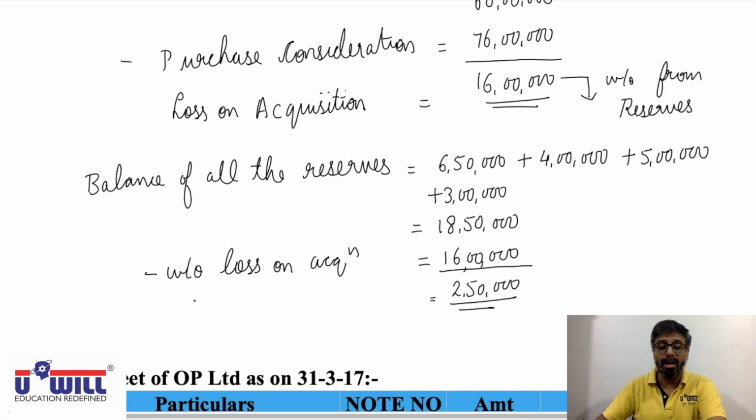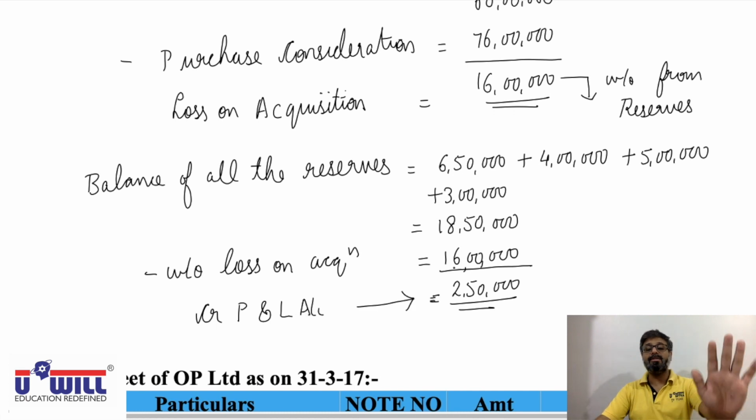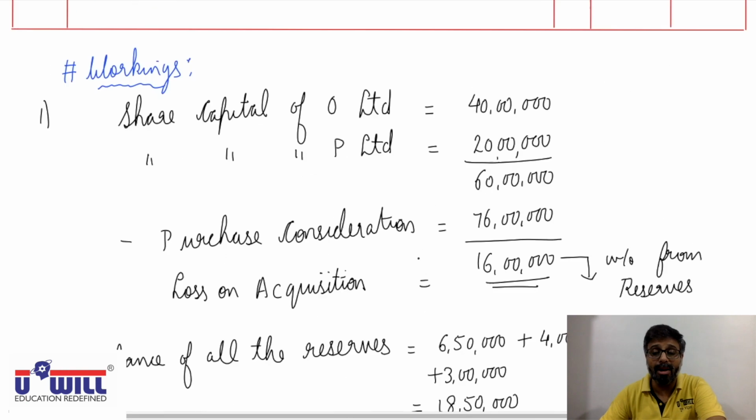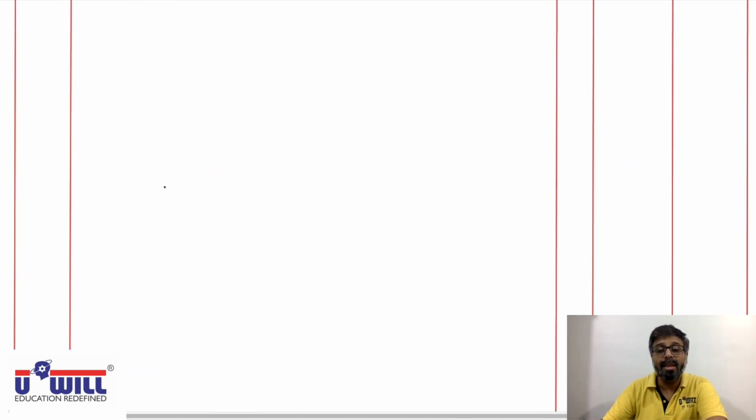This amount only we will credit to profit and loss account in the second entry. No other reserves will be included because all these reserves are combined against that loss that is written off. So only this amount will be credited to P&L account in the second entry. Now let us pass the second entry.